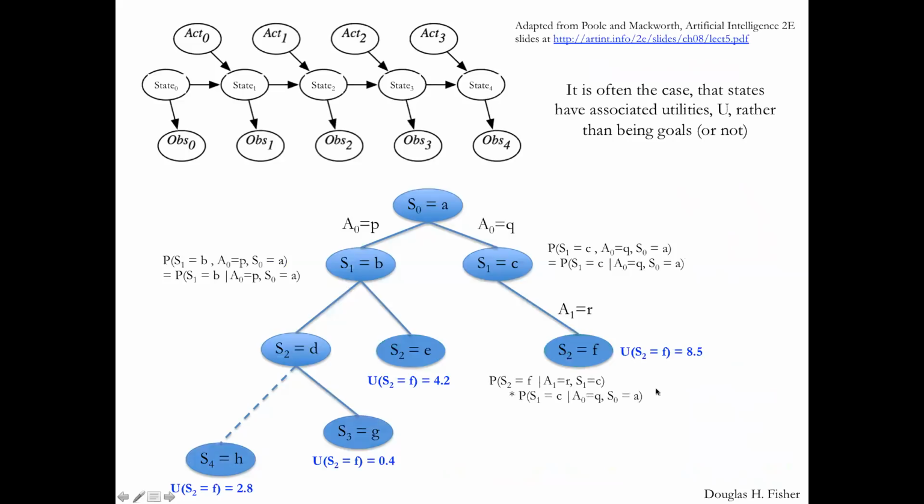It's often the case that we're not told that there are some states which are goals and some states which are not goals. We're told that some states are better than other states. And I'm not going to review the reading on this because I think it's pretty clear on utilities and the axioms of rationality that you read for this. But it's more likely the case that we can assign utilities to each state.